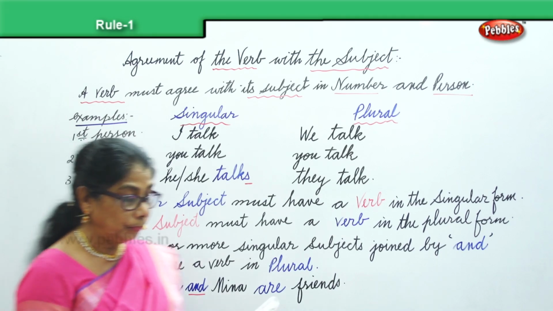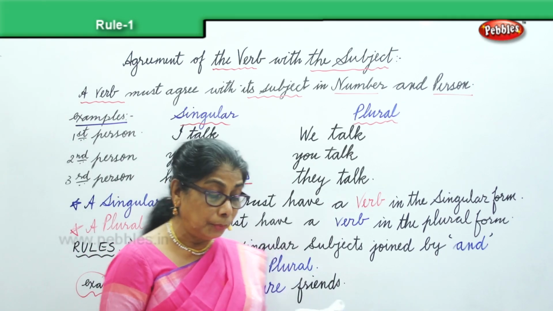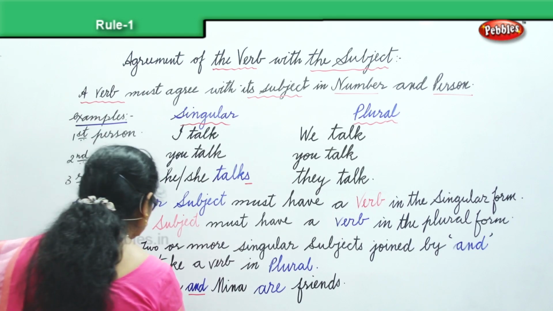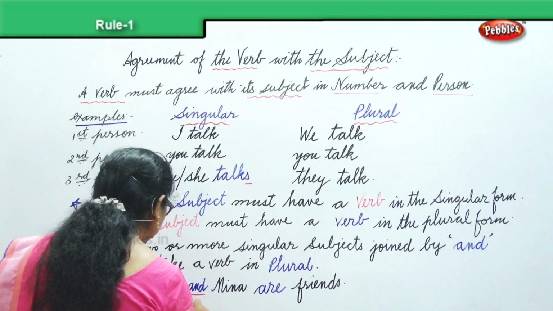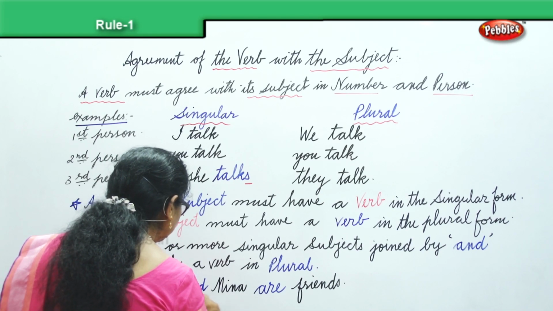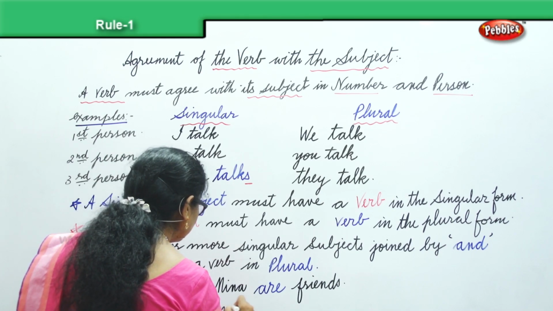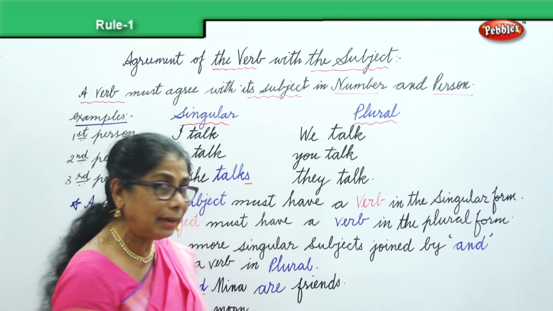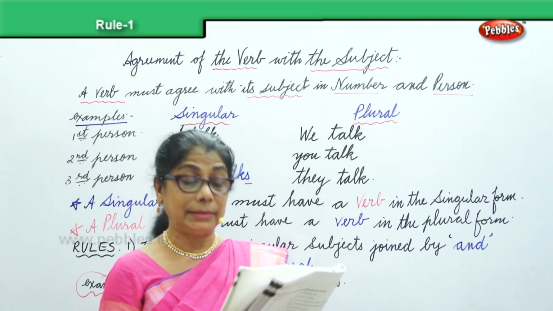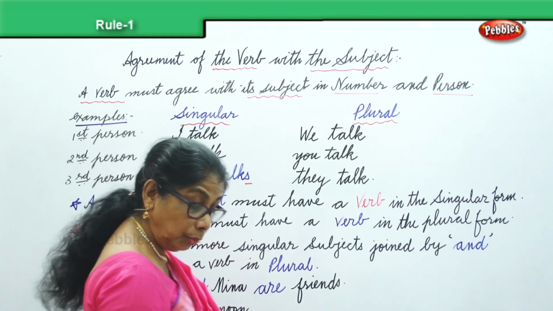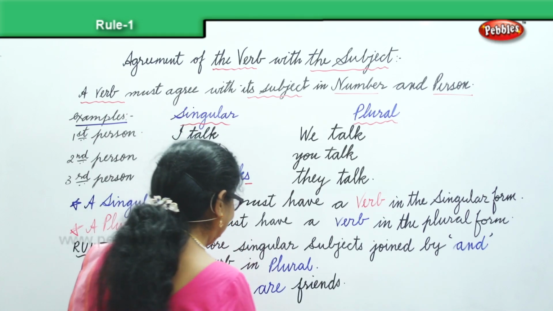One more example here. I give you the sun, the moon. The sun, the moon, and the 9 planets. Again, it is joined by and.